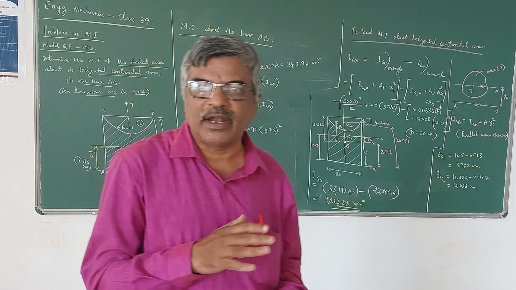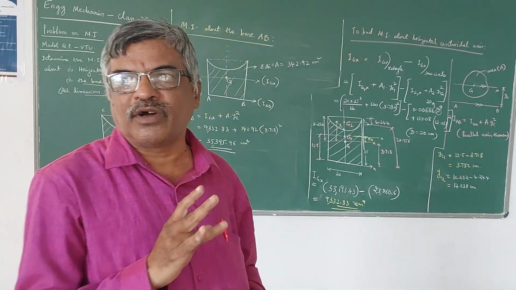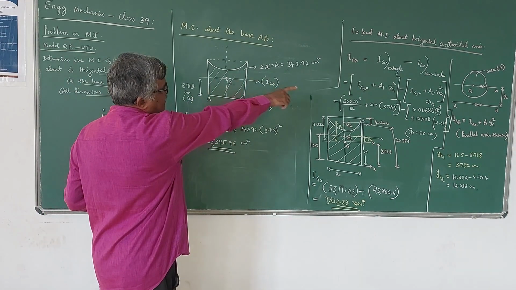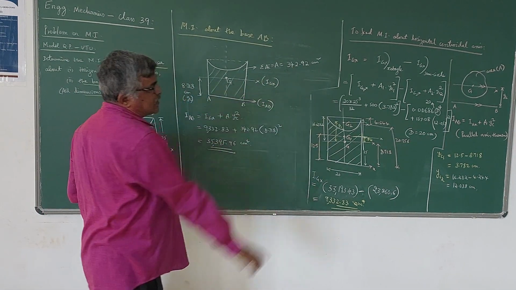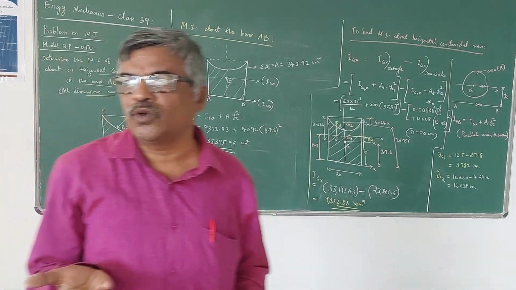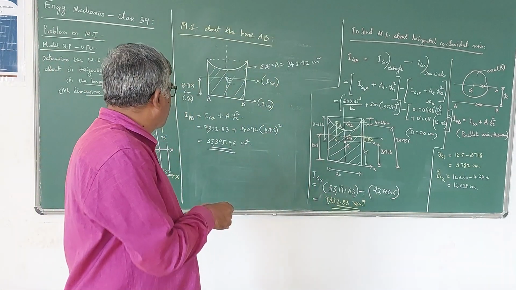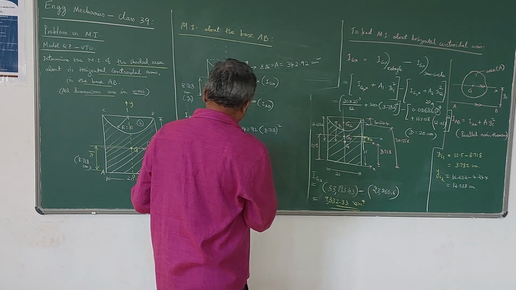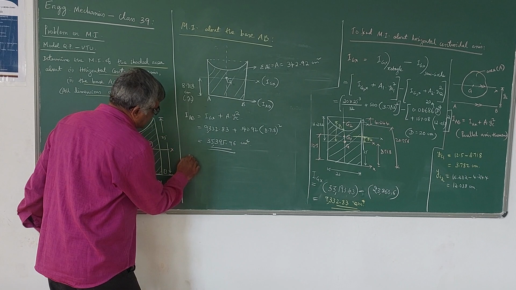So this is how we have to do it. I have used the parallel axis theorem twice: once for finding the IGX of the composite section, and next for transferring that IGX to IAB. Now suppose they ask you to find the radius of gyration.